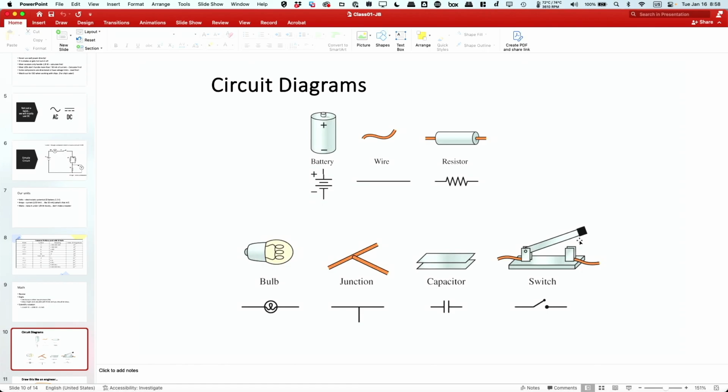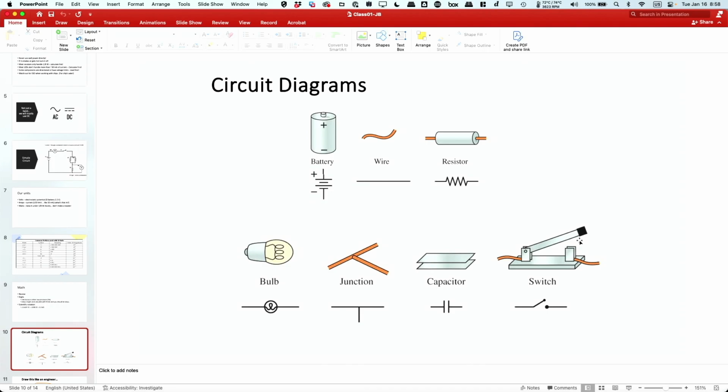We also saw the symbol for an LED. That symbol is for an old school light bulb that we tend not to use much anymore. Junctions are like that, and often when I make the diagrams, I'll put a little dot if they actually connect, and I won't put a dot if the wires are just crossing over each other. But in more complicated diagrams, that may be something you have to think about.